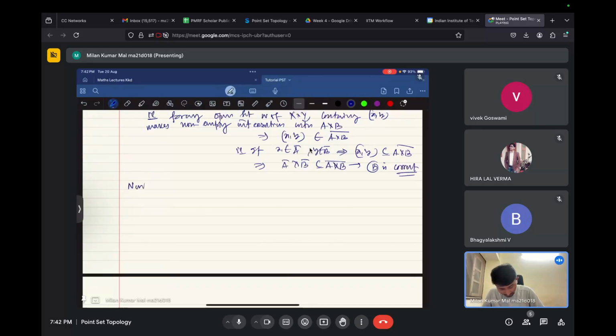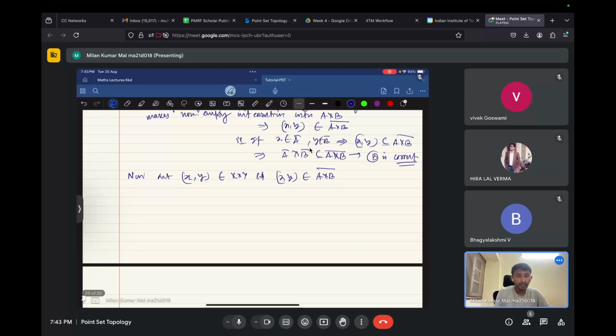Now let (x, y) be an element of the product topological space X cross Y, such that (x, y) is in the closure of A cross B. Then I want to prove that x is in the closure of A and y is in the closure of B. That is what I want to prove.